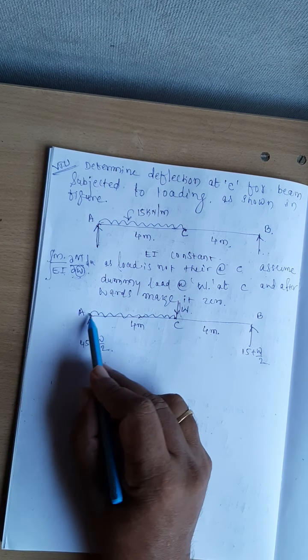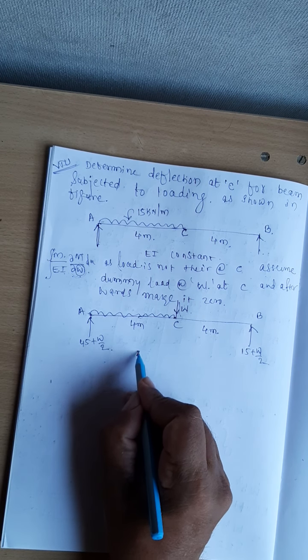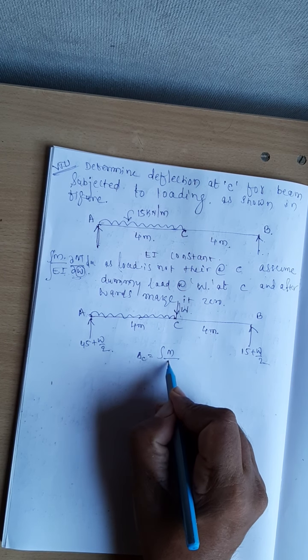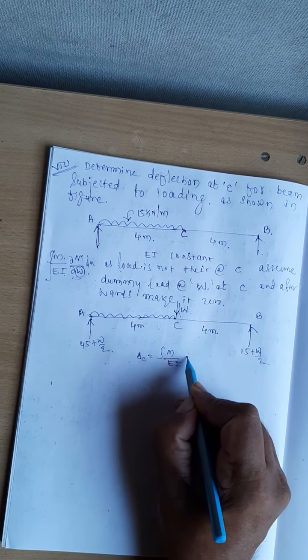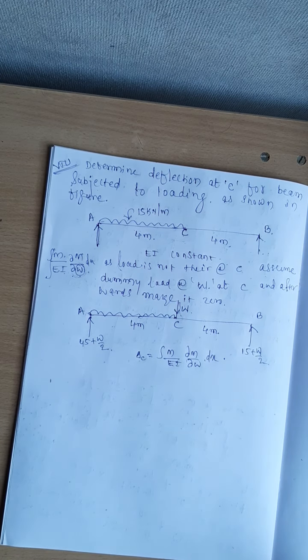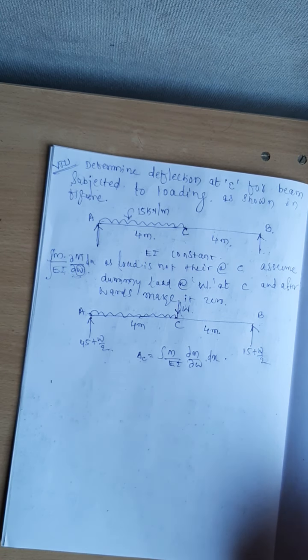Now the deflection at C is given by the formula: delta C is equal to integral of M over EI, dM by dW, into dx. So you won't have a single expression for bending moment for the whole beam.